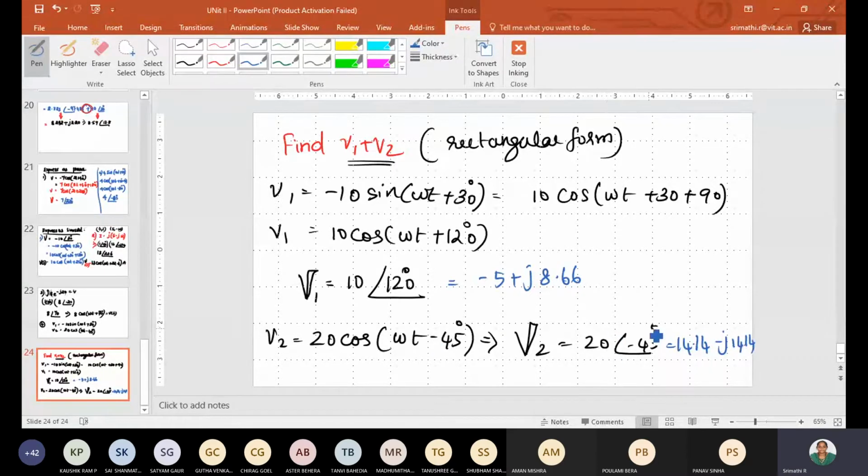Okay, so add your V1 and V2. V1 plus V2. 9.14 minus j 5.48. Please hold, guys.